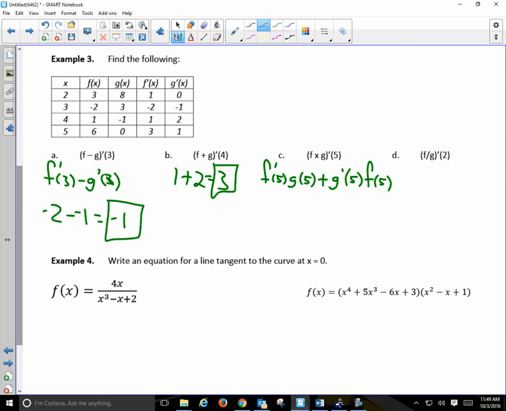F prime of 5, g of 5, g prime of 5, f of 5. So see how I could test to see whether or not you understand the product rule without actually using algebra? There you go. You try letter D on your own.